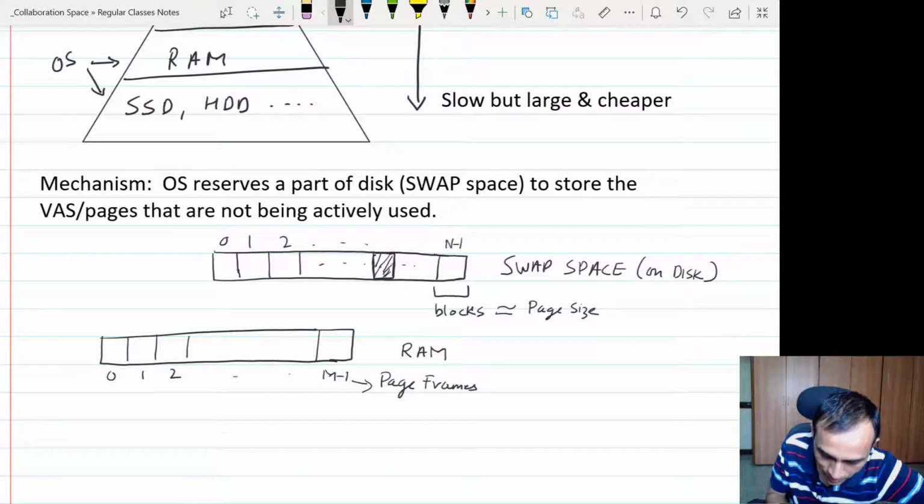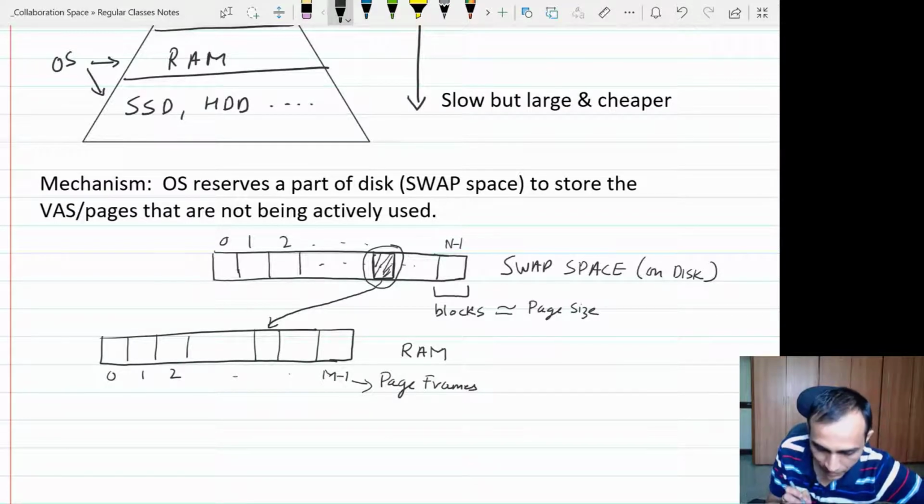So whenever that page is referenced or that memory is required, the OS will try to bring that block of the code, which as I said is equal to the size of a page, and fit it into one of the pages in your memory. When it does this, we call it swapping in the page.